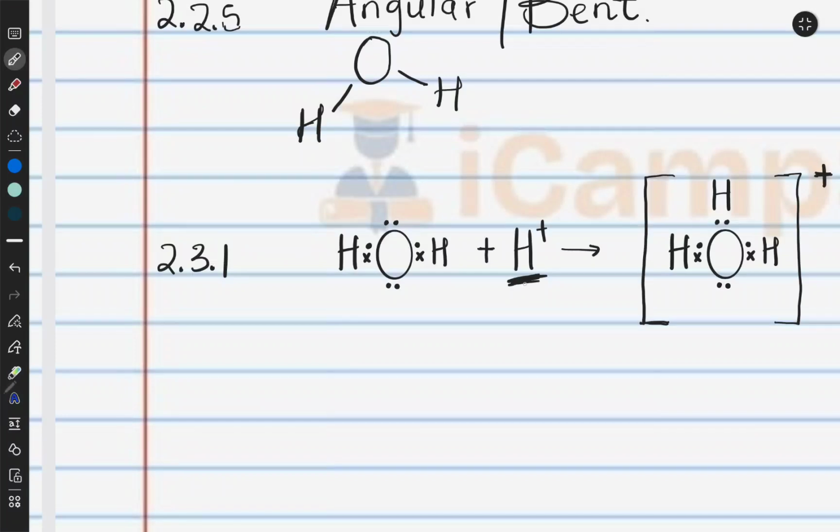If you check hydrogen, in its normal state it has one electron in its orbital. But when it's a plus, it has no electron in its orbital, so it must be empty. So it has fulfilled the second condition. First condition, the central atom must have a lone pair. Second condition, the one that bonds to that central atom must have an empty valence orbital so that it can accept this lone pair.